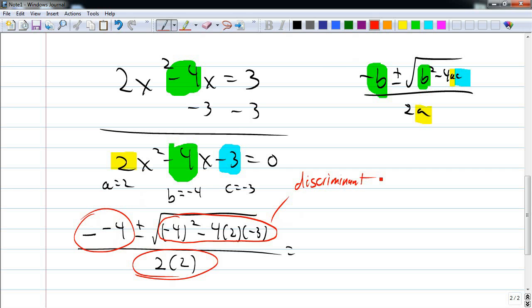So just simplify 3 separate pieces so that what we get is some number plus or minus some radical over some other number.